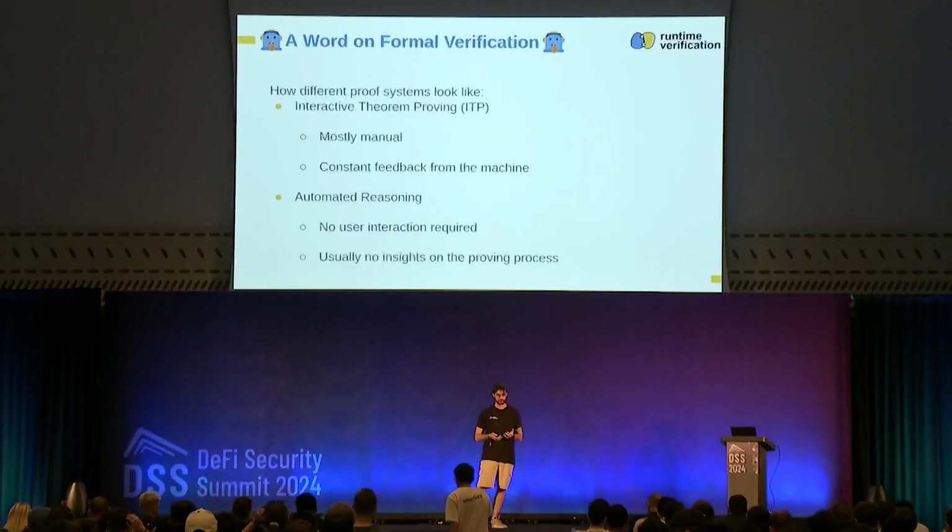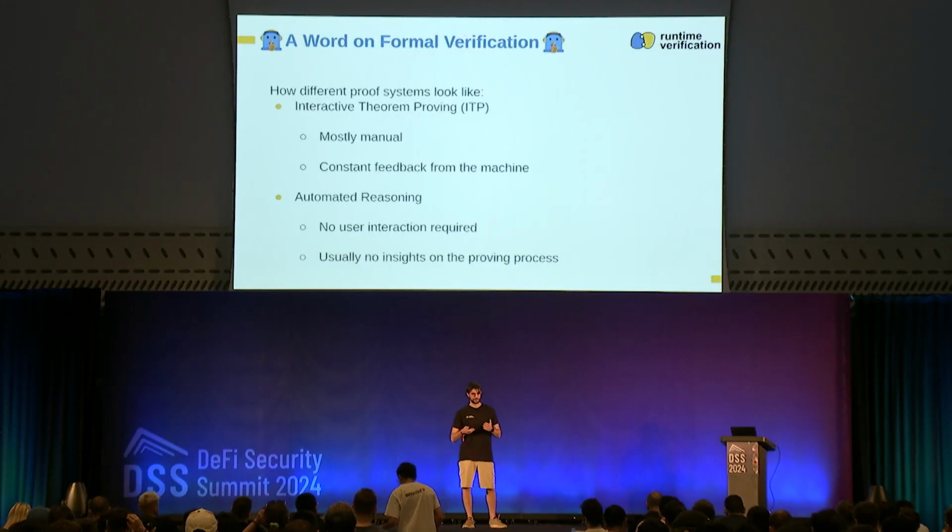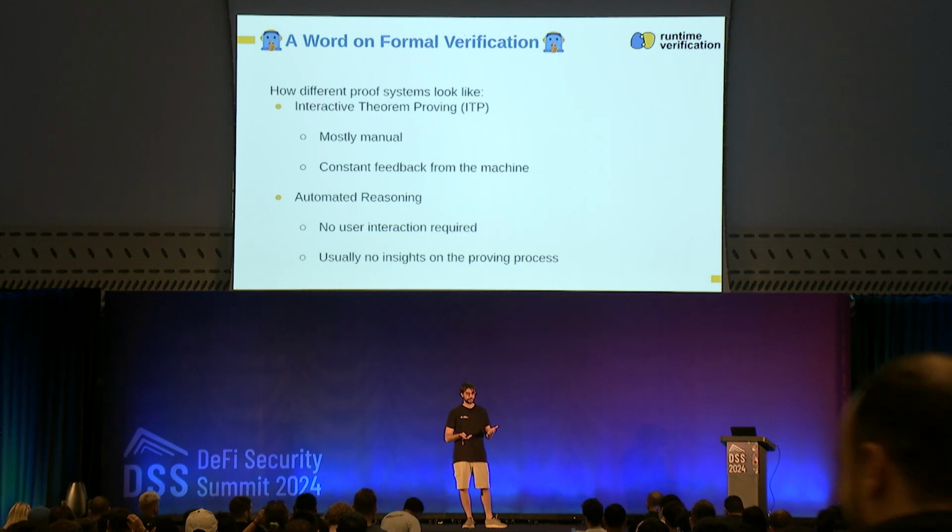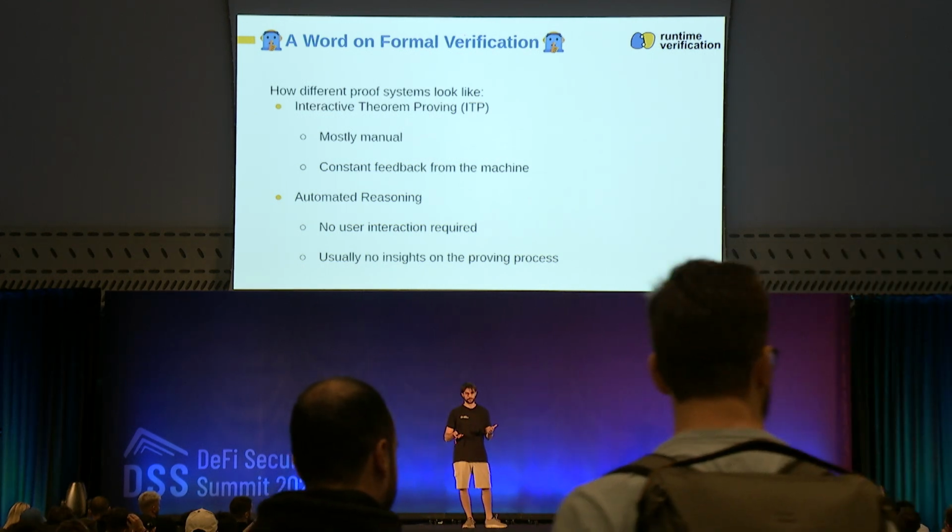I wanted to give you some examples of how these different proof systems work. Basically you have interactive theorem proving, which is the least automated option, mostly manual, and you rely on constant feedback from your tool to let you know where you are. It requires a lot of user input, and usually the learning curve is quite steep.